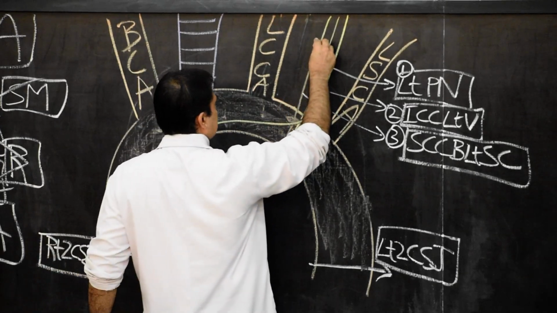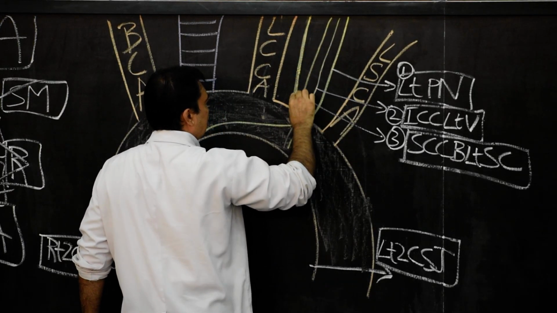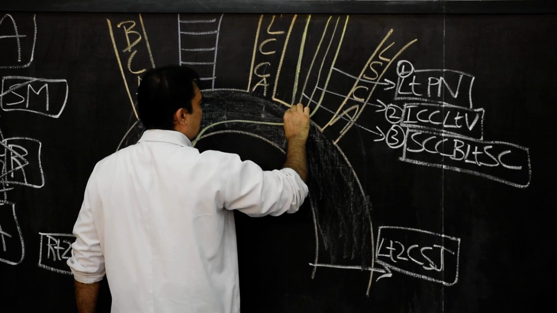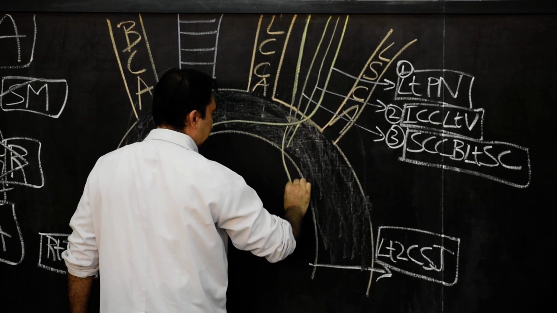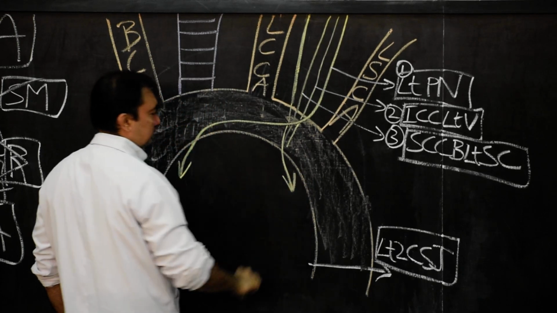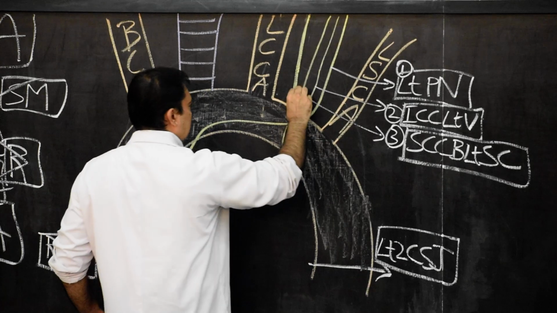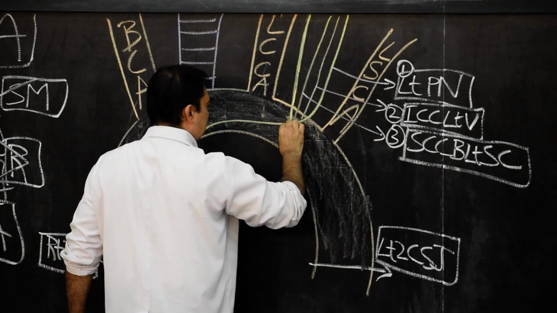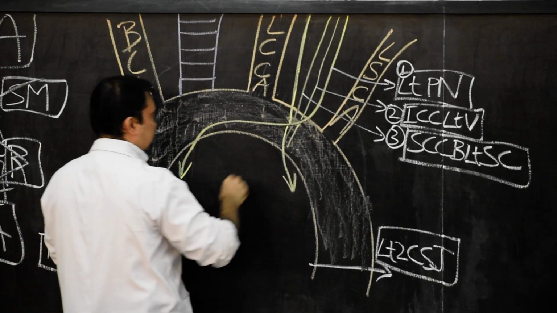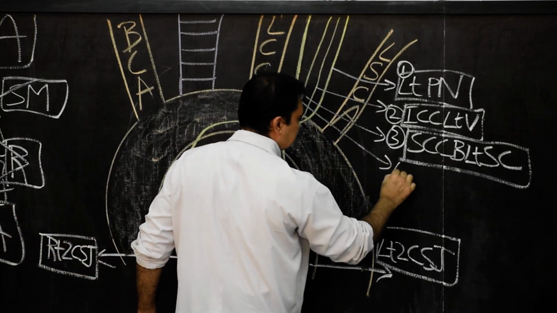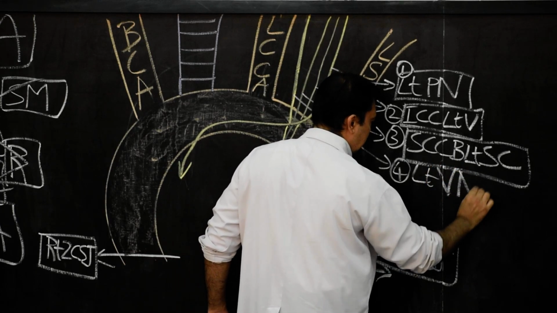This is how we show the left vagus nerve, and we mark this as number 4, the left vagus nerve.